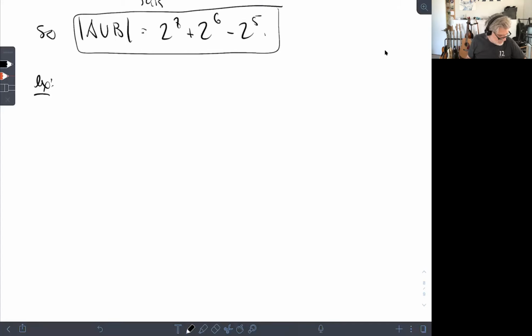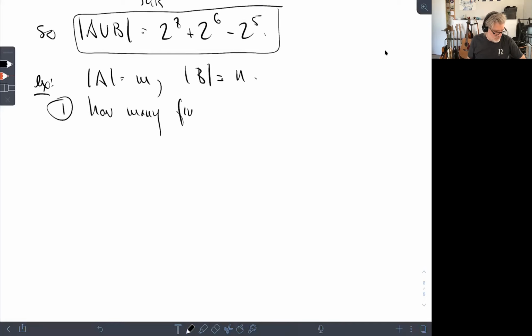So I have two sets. A has m elements and B has n elements. First question, how many functions are there from A to B?